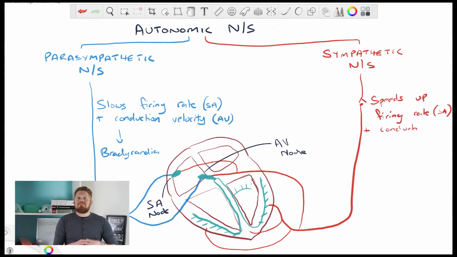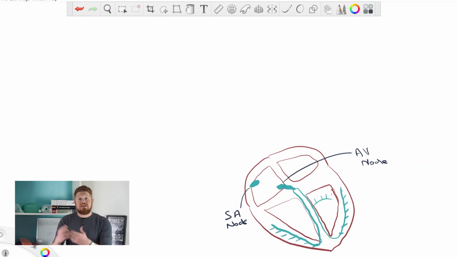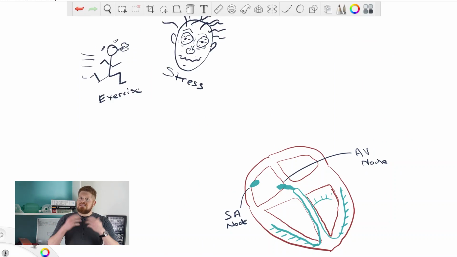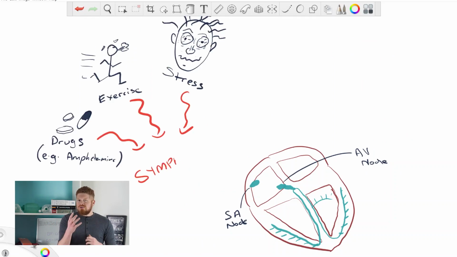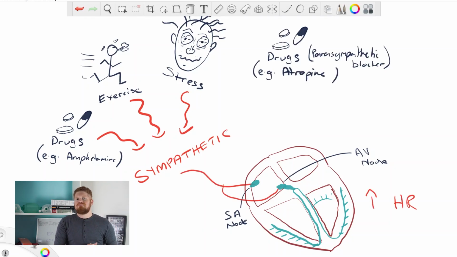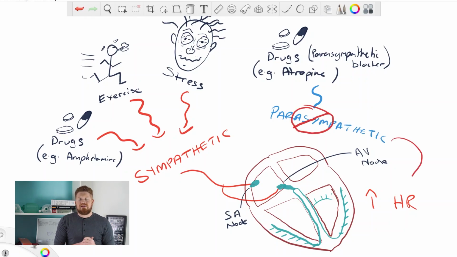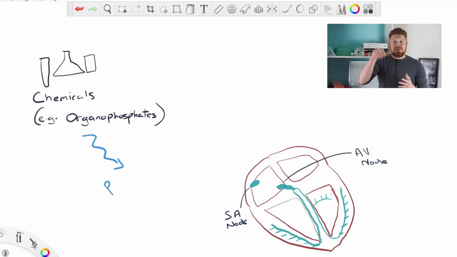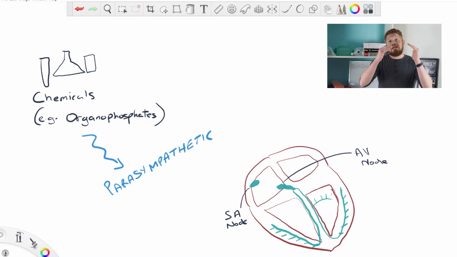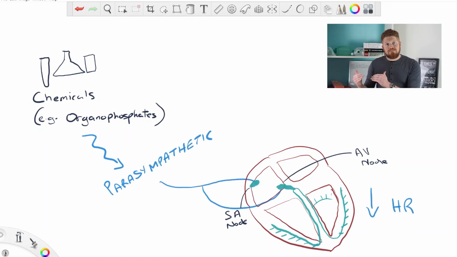So understanding this will help us understand that anything that stimulates the sympathetic nervous system is going to cause an increase in heart rate, whether that's exercise, stress, certain kinds of drugs, but also things that inhibit the parasympathetic nervous system, like certain drugs do, will also cause a tachycardia, or a high heart rate. Conversely, anything that stimulates the parasympathetic nervous system is going to cause a bradycardia, or a slow heart rate. And that's it. That's really all we need to know about heart rate at this stage with the hemodynamic formulas.